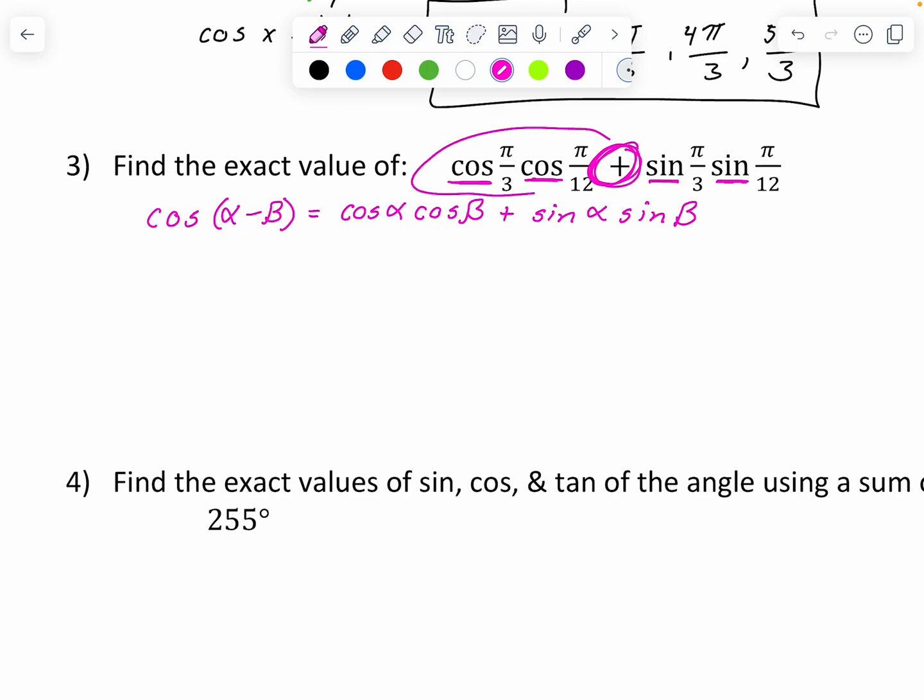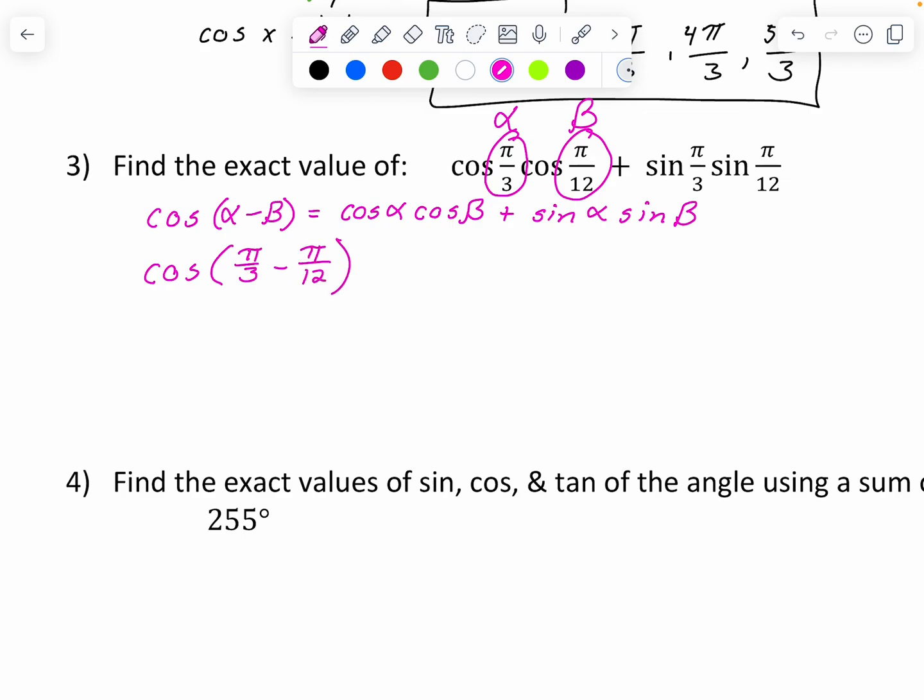That matches what we have here, which means we can go ahead and work this formula backwards. So we know that according to what we have, this has to be my alpha, this has to be my beta. So I can go ahead and fill those in. I have cosine of alpha, which is pi over 3, minus beta, which is pi over 12.